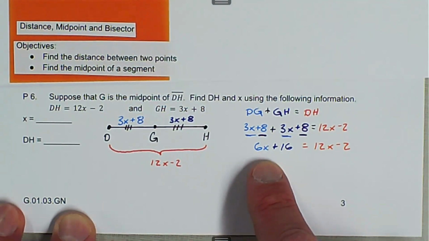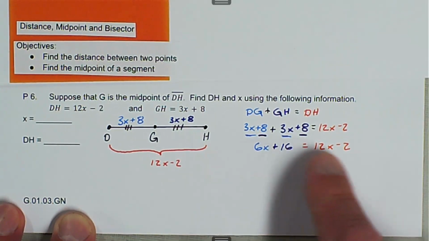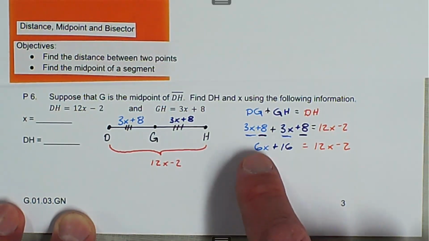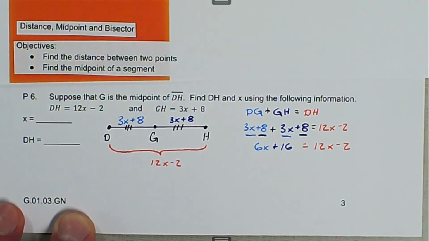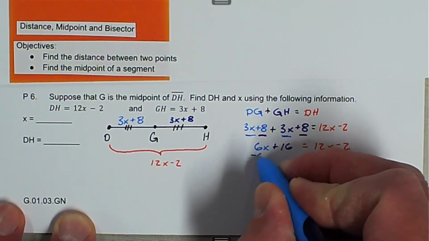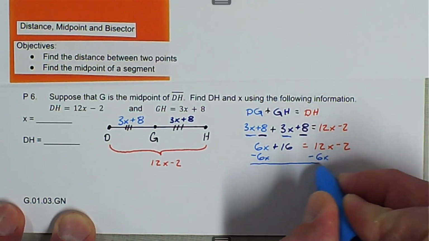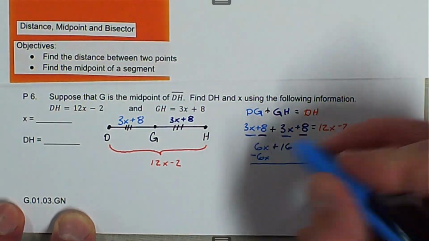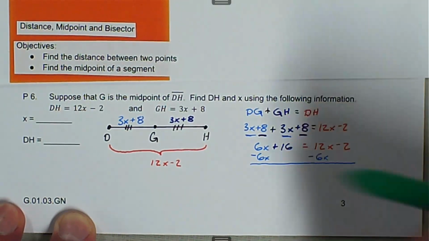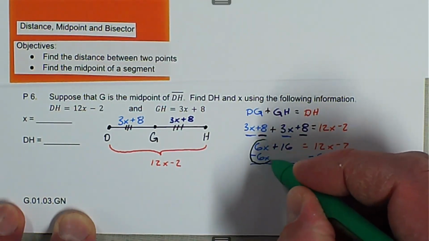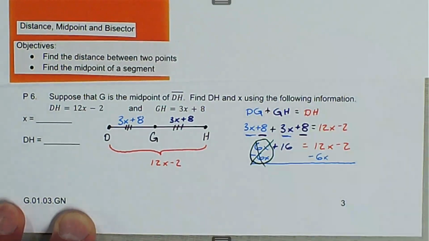I like to keep my coefficients positive. So I have a positive 6 and a positive 12. 12 is bigger, so I'm going to move the 6 over with the 12. So I'm going to subtract 6x from both sides of the equal sign. The reason that we did that is because we want to get rid of this 6x on the left side.